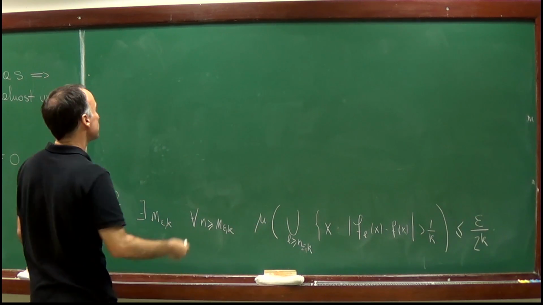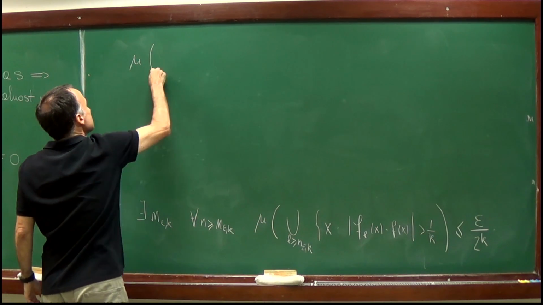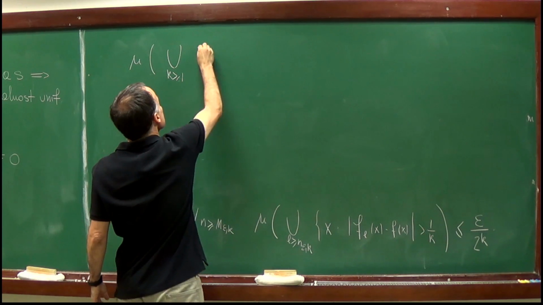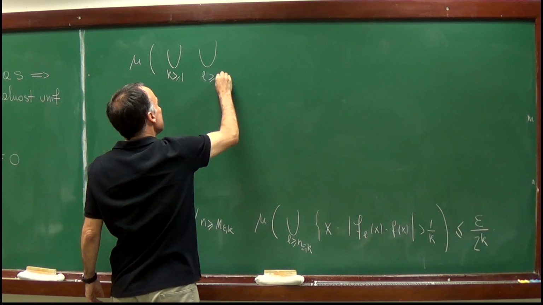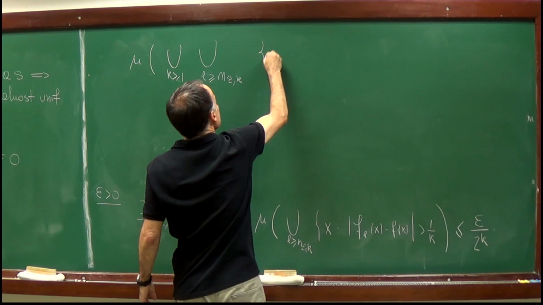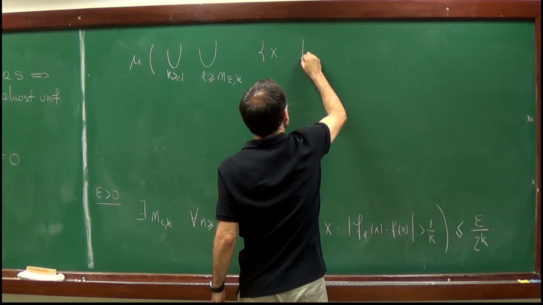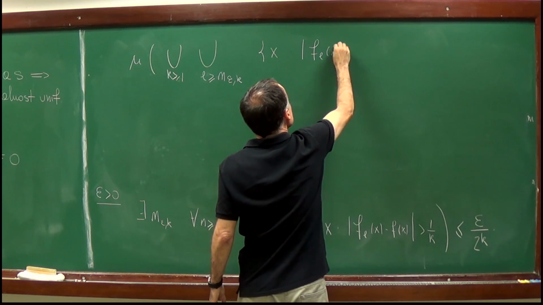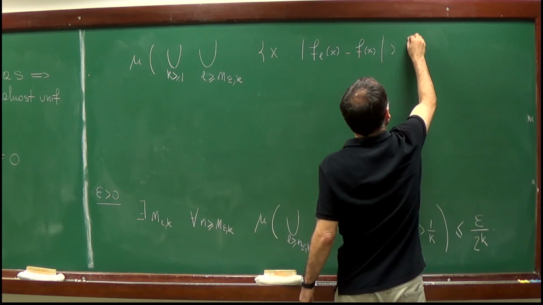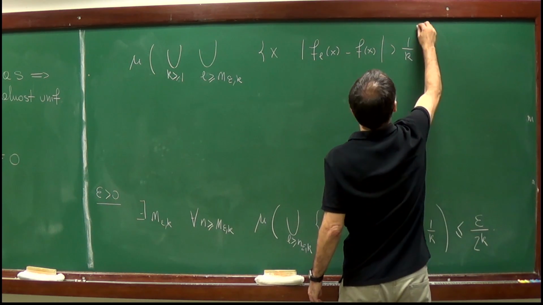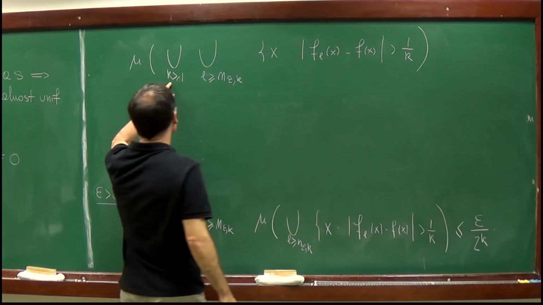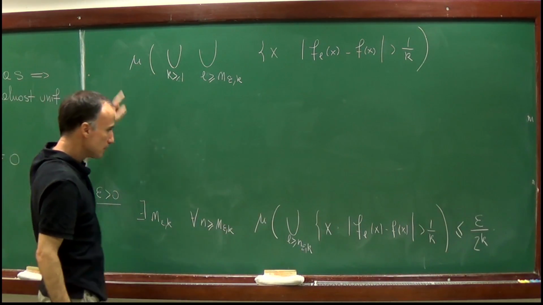Let's take the union over all k larger than 1, union over all L larger than n epsilon k, of x such that |f_L(x) minus f(x)| is larger than 1 over k. So the measure of this set is less than or equal to the sum over k of the measure of these sets.